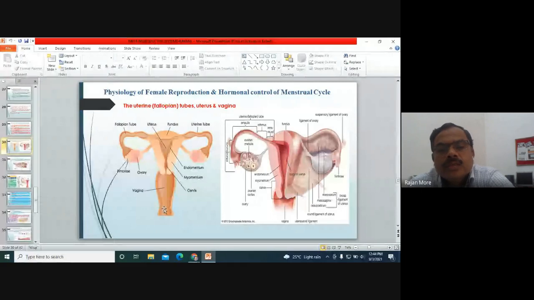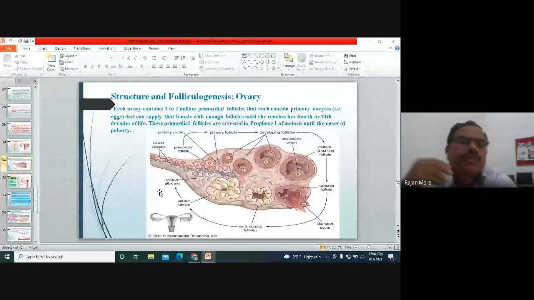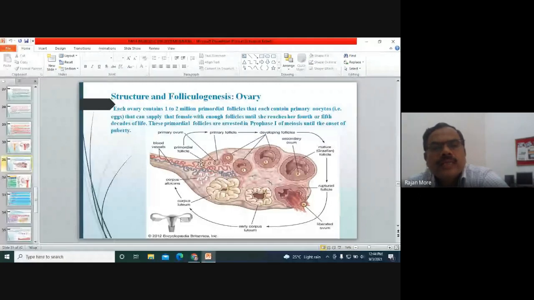This is the principal organ of the female reproductive system, and each ovary contains 1 to 2 million primordial follicles. These are the primordial follicles shown here, and they contain the primary oocytes that are called the eggs.